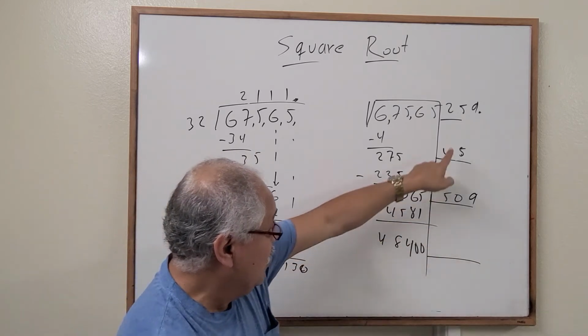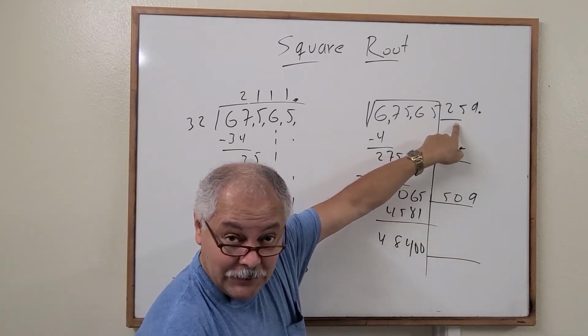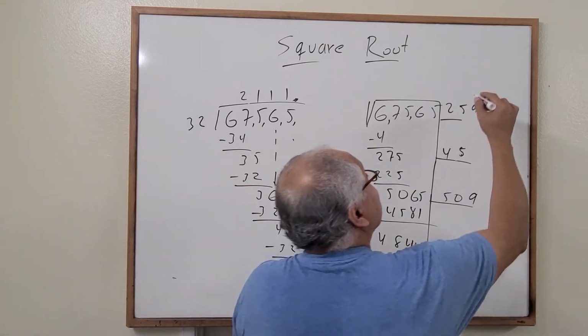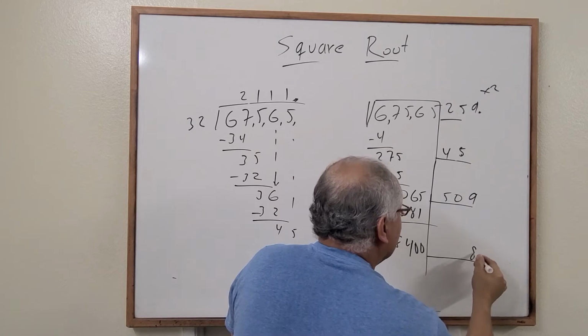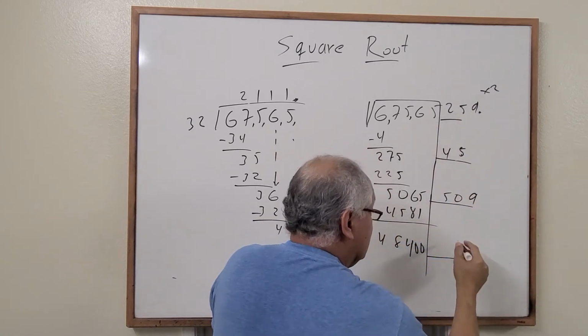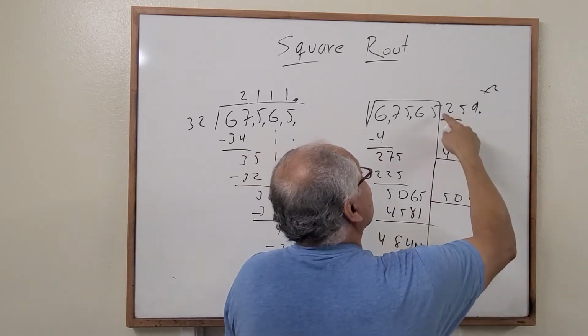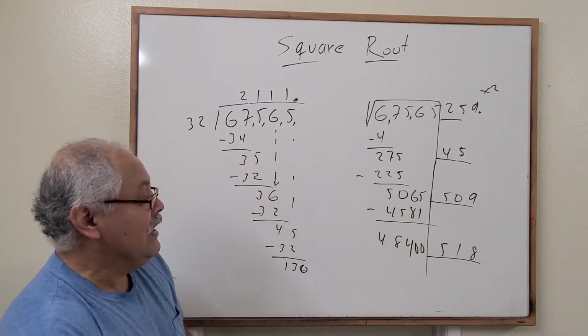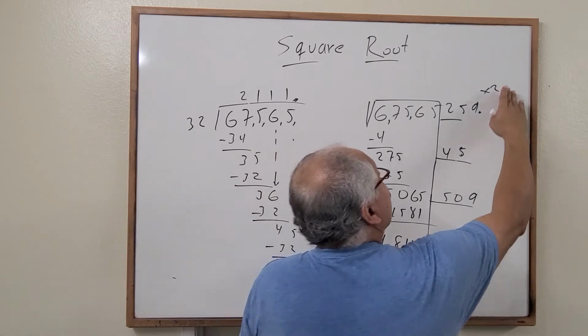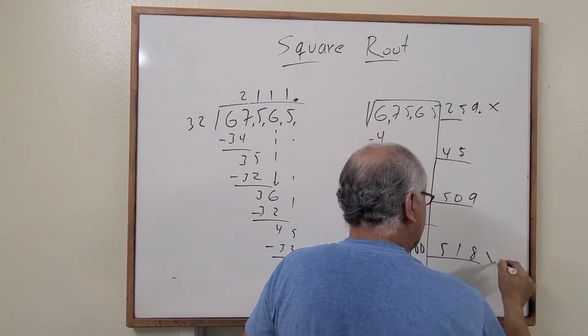One more time, we multiply the new value by 2. And what do we have? 2 times 9 is 18. It's going to be 18, 4, 5. Okay, now one more time, let's look for this number, x right here and x right here.